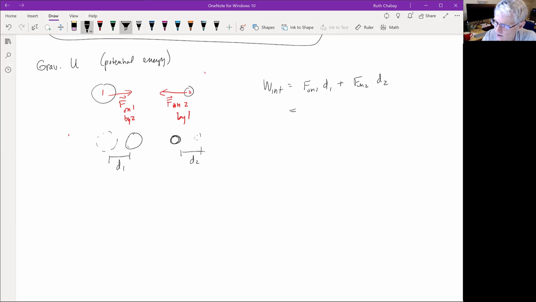And we know that the displacements are both going to be parallel to the force, because that's a delta x1, and that's our delta x2. And so these are both going to be positive numbers. And that makes sense because as they move together, these things are speeding up, right? So we can always do that sanity check. And so we have the same force times d1 plus d2, or this is the same as the change in the separation of the two things.